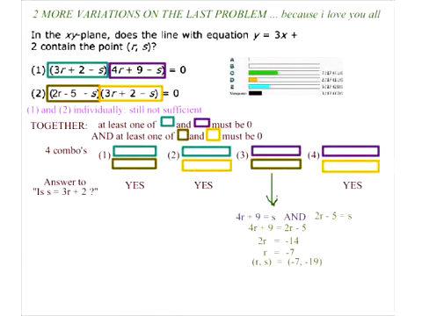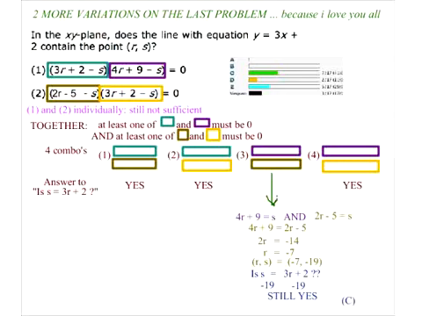Well, let's plug in and find out. S is negative 19, and 3R plus 2 is also negative 19. So that looks like it works. So this is still yes, and this answer is still C.